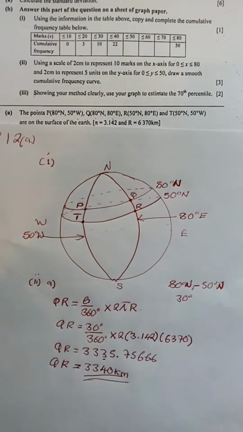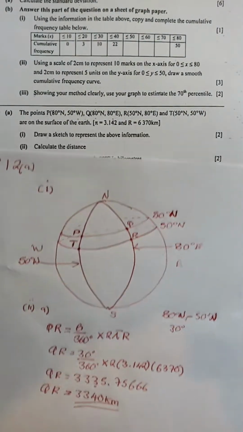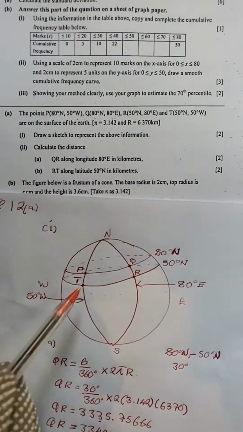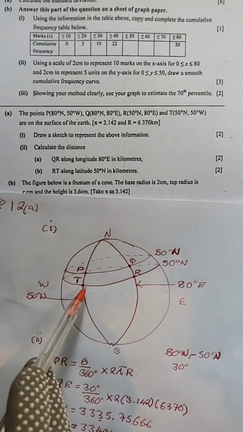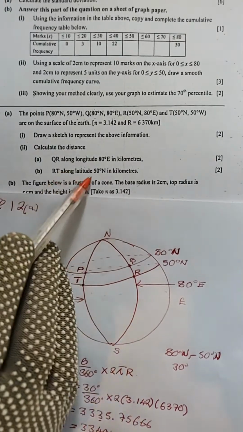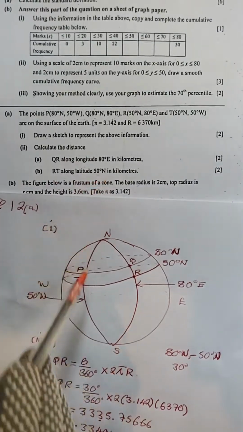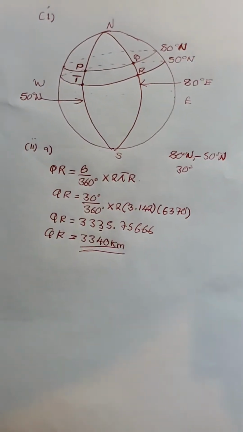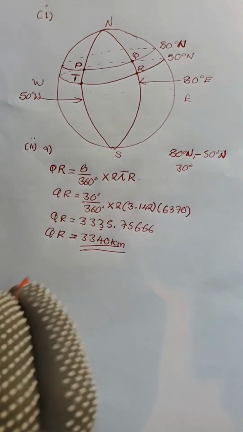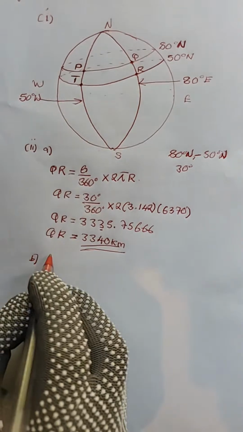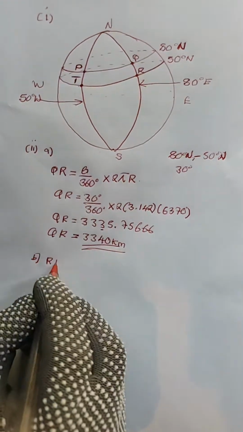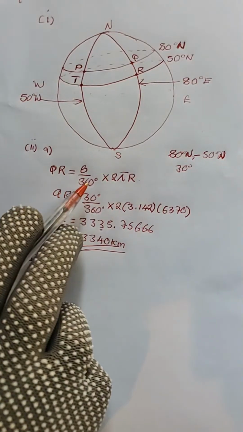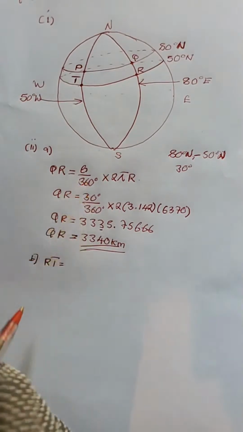All right, let's go to the second question, which is question B. Question B here, we are asked to calculate the distance RT along latitude 50 degrees north in kilometers. Okay, this is simple. So RT distance, this is along the line of latitude, so the formula is just slightly different from this one.